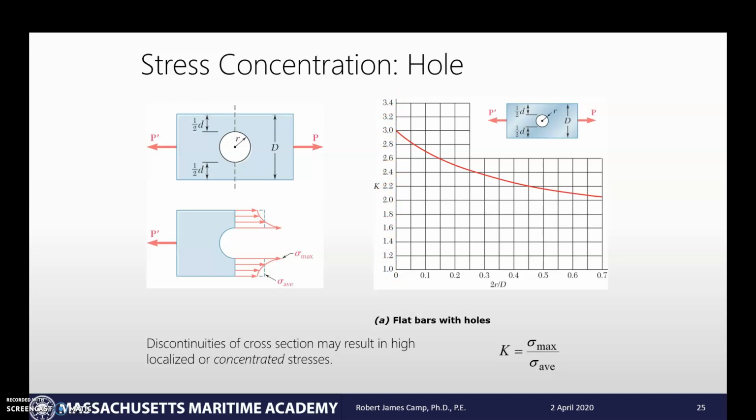Now this one's pretty simple because there's only one line. And you'll notice down here this graph is 2r over d. Well, what does that mean? If I look at the picture here, r is going to be the radius of the hole, d is going to be the diameter of the bar. So let's say I have a 4-inch flat bar with a 1-inch radius hole in it.